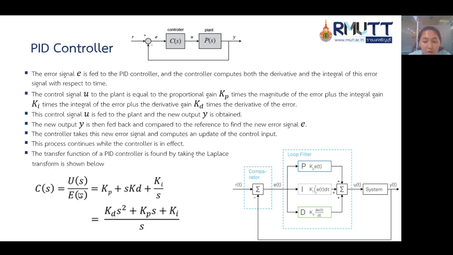This is the ratio of the control signal output to the error input in the frequency domain, which is equal to the proportional gain plus the integral gain divided by S plus the derivative gain times S. Then it is equal to the derivative gain times S squared plus the proportional gain times S plus the integral gain, all divided by S.